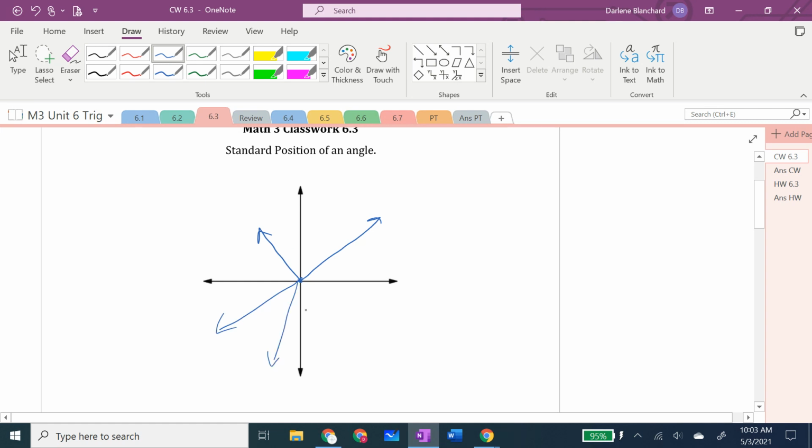These are all sitting in certain angular positions. What you need to know is the positive x-axis. Humans chose that to be angle 0, 0 degrees.